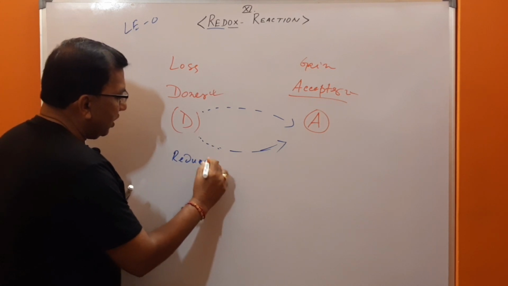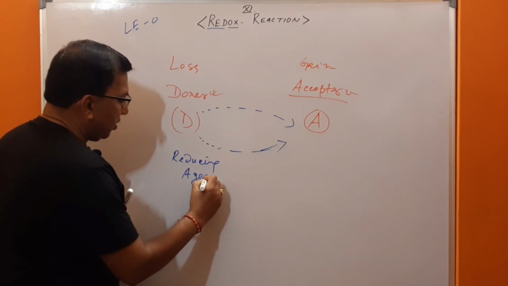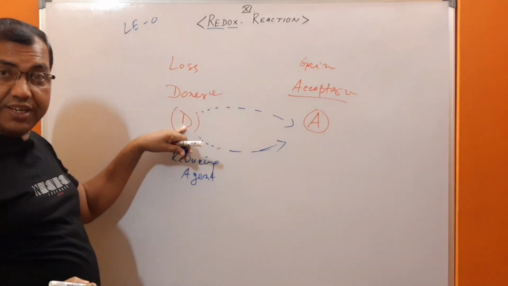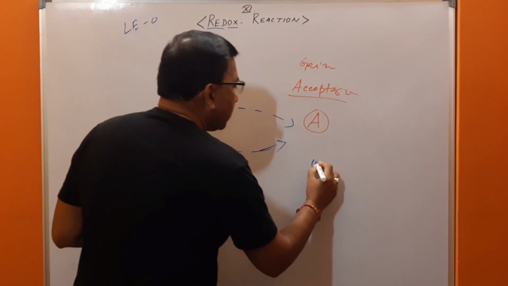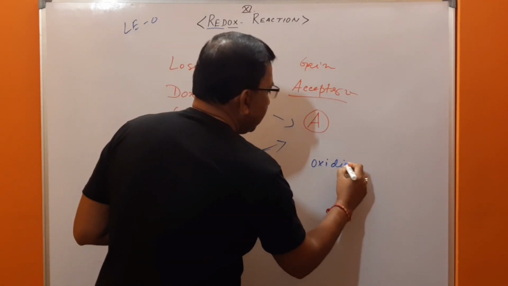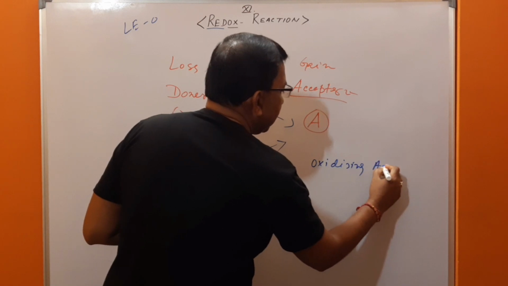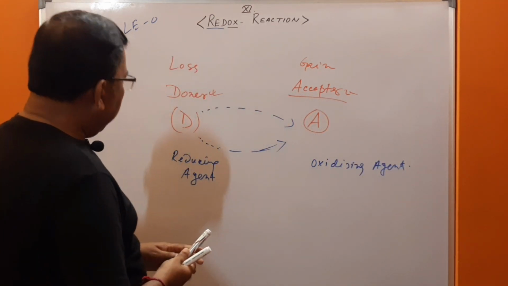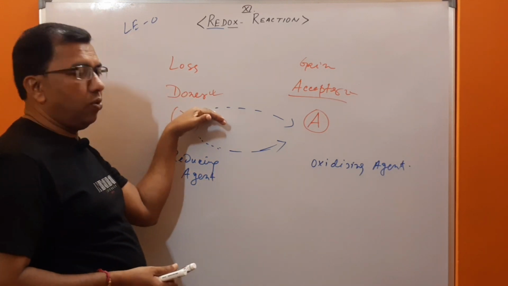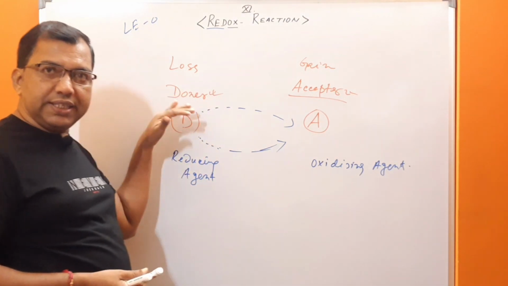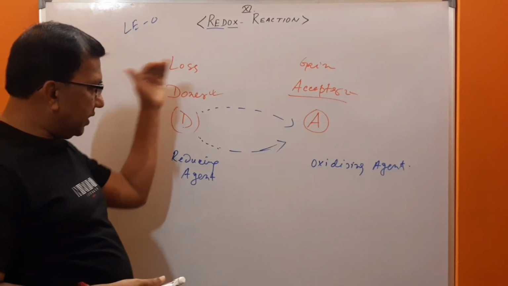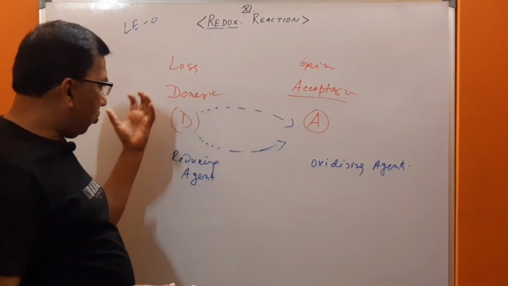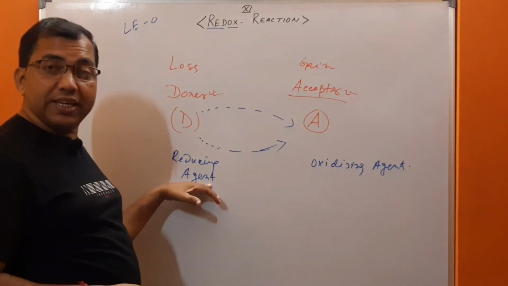So the other will be the oxidizing agent. The acceptor of electron is the oxidizing agent, and the donor of the electron is the reducing agent.